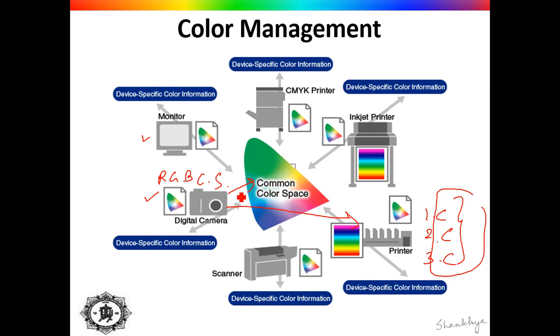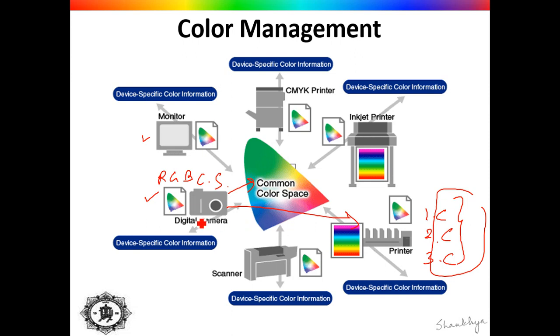Instead of directly converting the colors into CMYK, mind you, using LUTs, there is no such color space transformation formula for directly converting RGB to CMYK. What I am trying to explain here is, in case of device dependent color management, you are converting colors using LUTs, not color space transformation. This is a very important distinction that you need to follow.